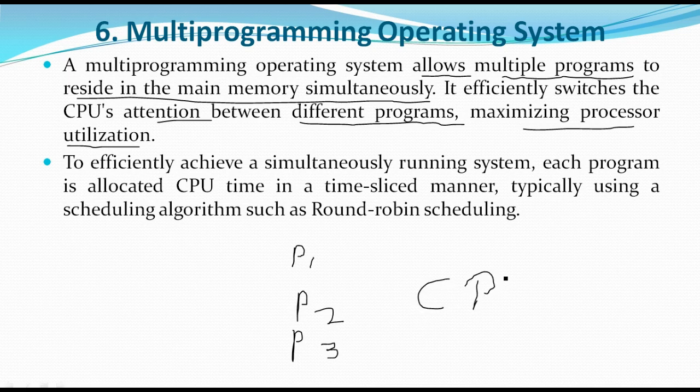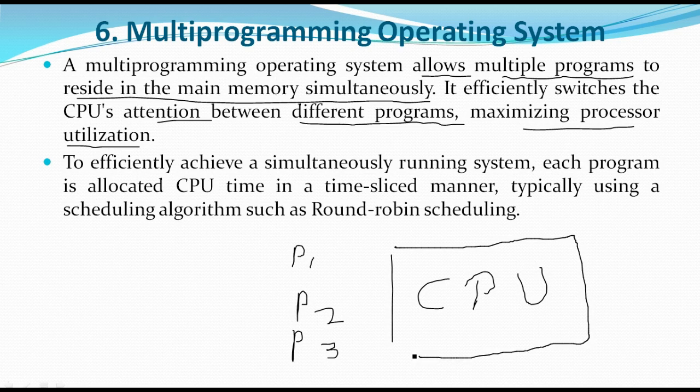Each process is allotted CPU time in a time-sliced manner, typically using scheduling algorithms such as round robin scheduling.